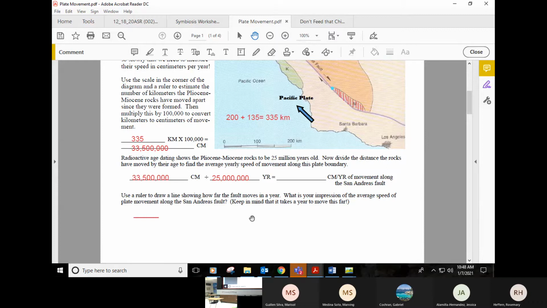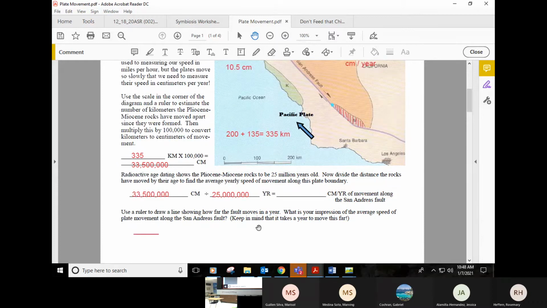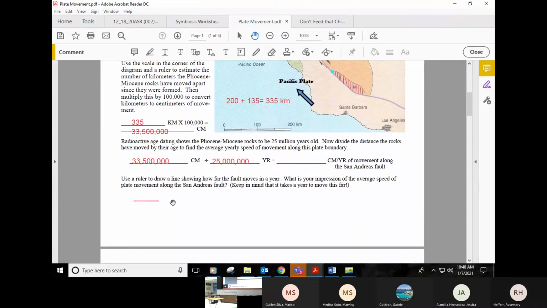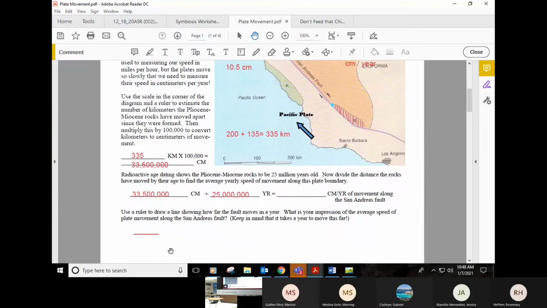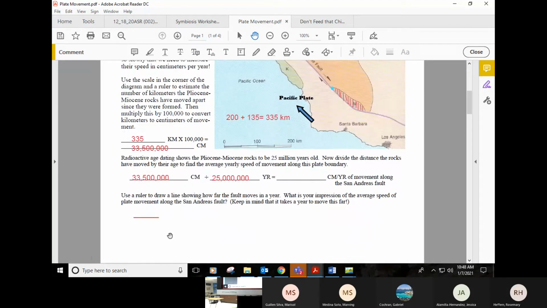All right, guys. So another way to look at this speed of movement is this is about as much as your fingernails would grow in a year. So the plate is moving at about the same speed that fingernails grow. Just creeping along, right?